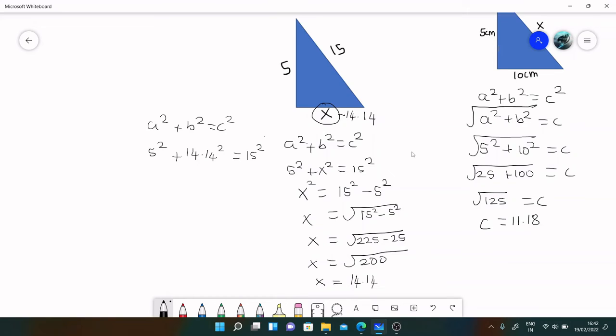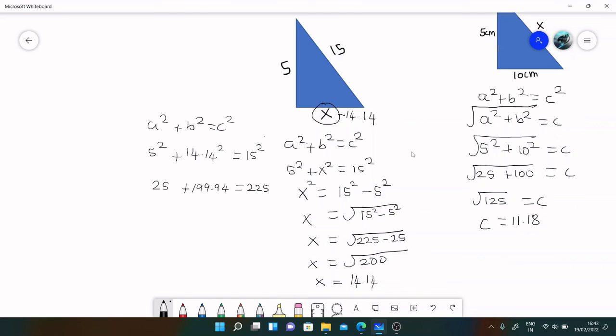So it will be 25 plus 199.94, which actually equals 225.